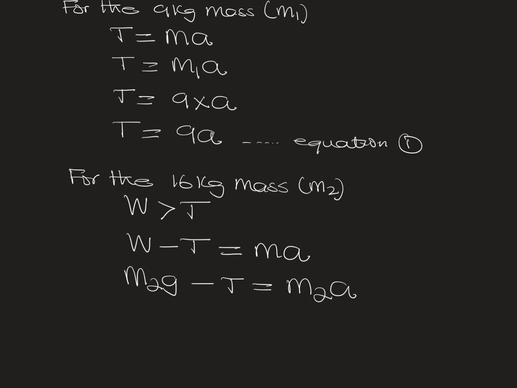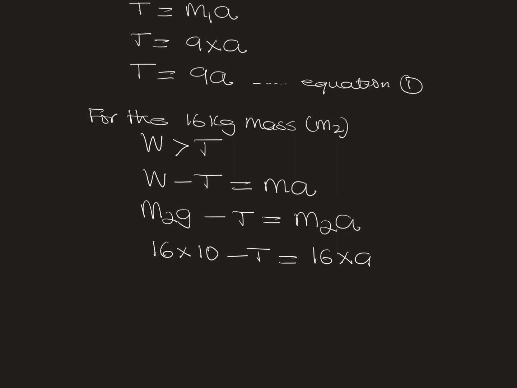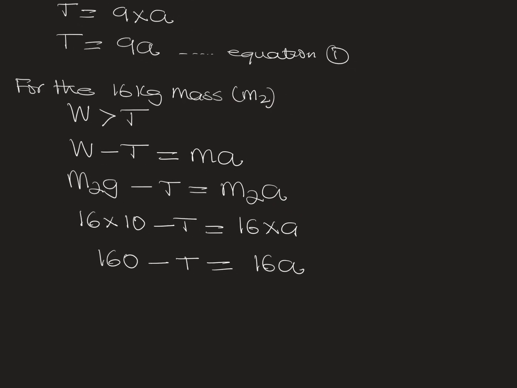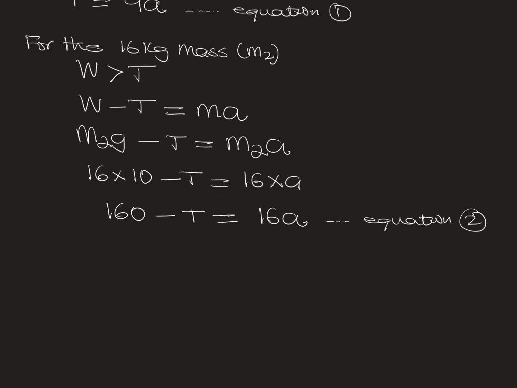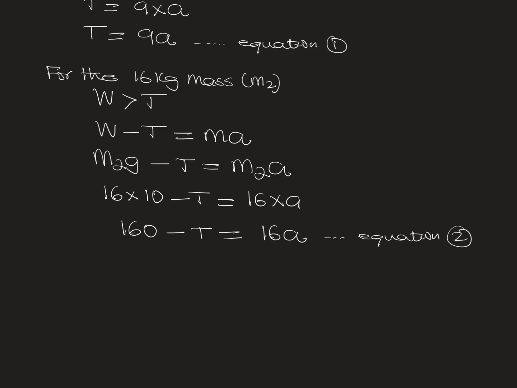Substituting the values, M2 is 16 kilograms multiplied by gravity, 10, minus tension is equal to 16 times A. So 16 times 10 is 160 minus tension is equal to 16A. Now we can call this equation 2.